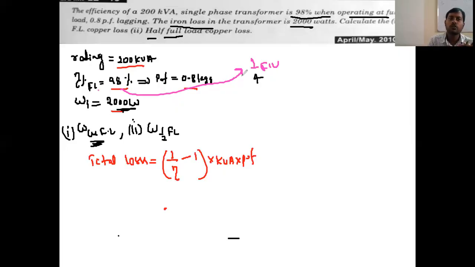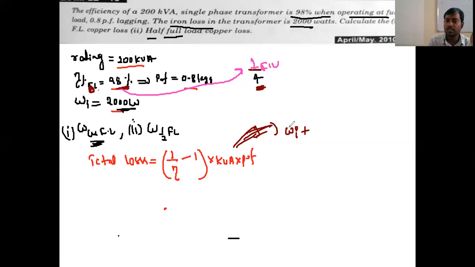If the same question asked for the efficiency at 1/4 full load, then this formula changes. Total losses are iron losses plus the copper losses at 1/4 full load.